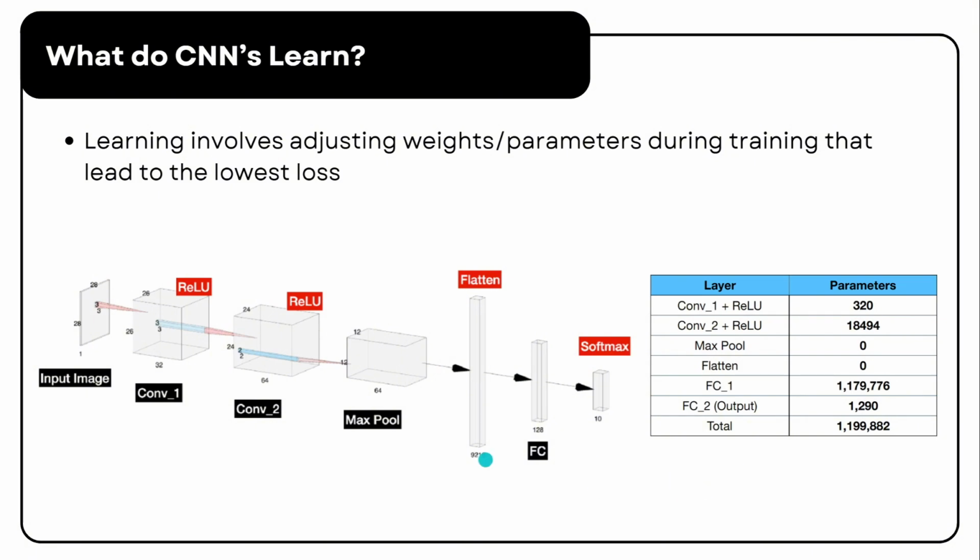So in essence, CNNs learn the optimal set of weights that help them make the most accurate predictions by identifying patterns, textures, and features in the data across layers.